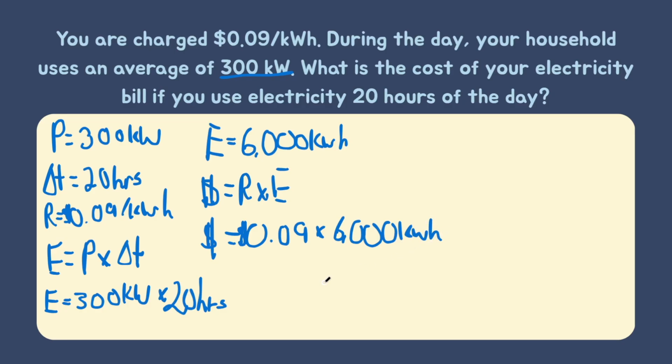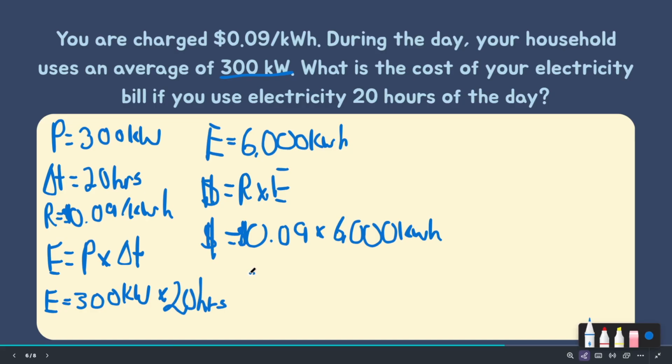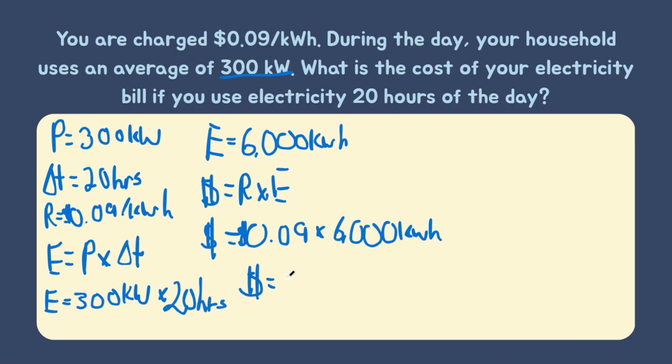We get $540. There we go. It was that easy. So if your rate is $0.09 per kilowatt hour and you spend 300 kilowatts of power and you use it for 20 hours of the day, you'll spend approximately $540.